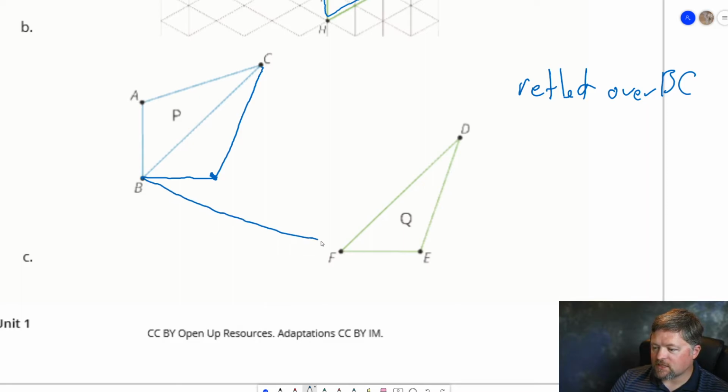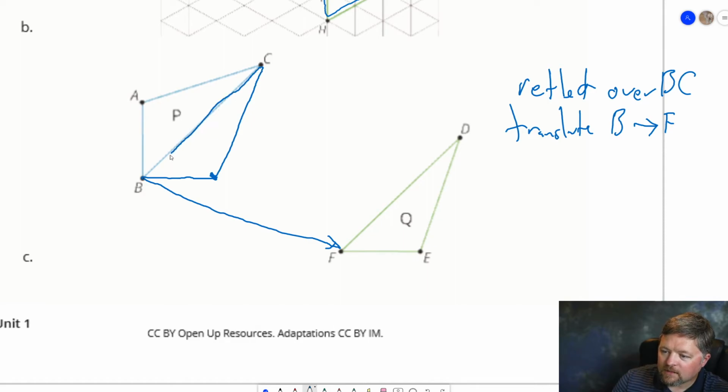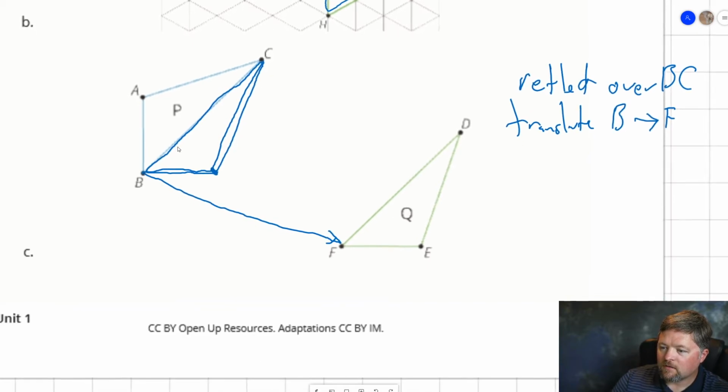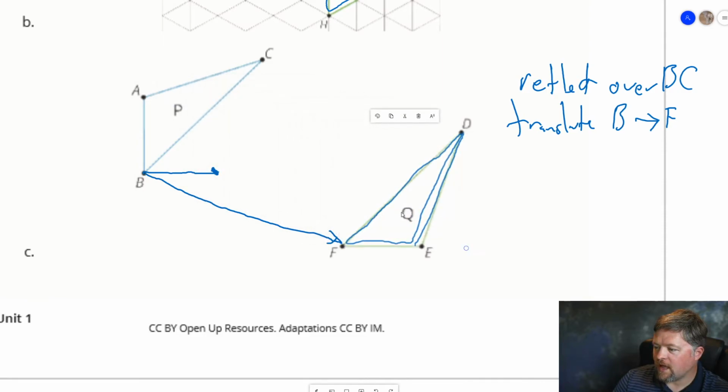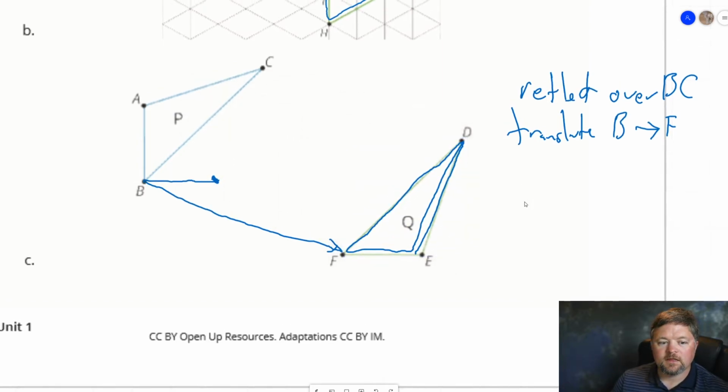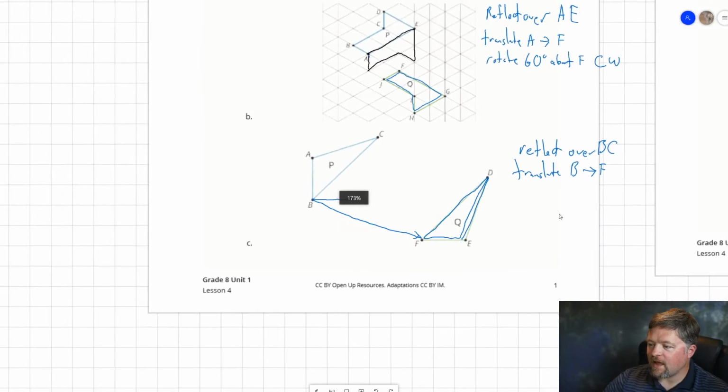Well, let's translate point B to point F. And then if I take this triangle and translate point B to point F, it's right on top of Q. So that takes care of that.